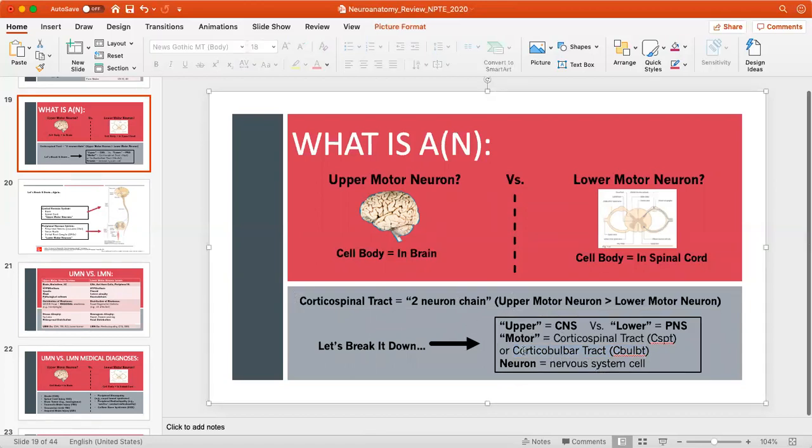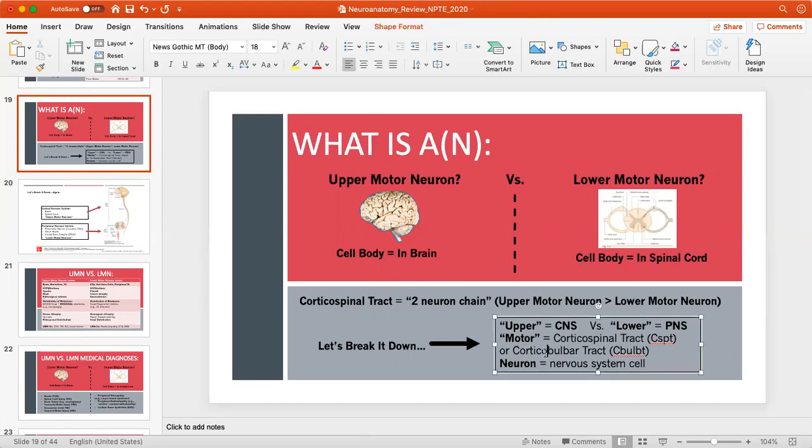And so the components of that motor tract are still going to have an upper motor neuron and a lower motor neuron, but that first nerve cell body is going to live in the cortex, just like we saw in the corticospinal tract. That second one, instead of being in the spinal cord, is going to exit from the brainstem, and so that's what we call bulbar.